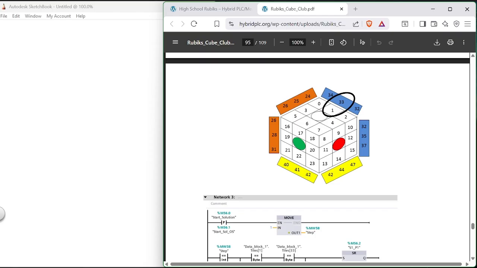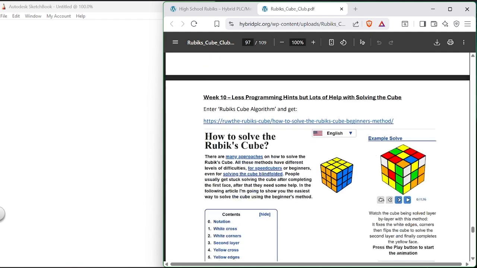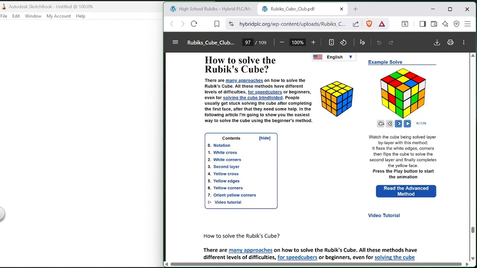The first part is to get the white green part into what we call the green plane, which is to move from someplace over here to this plane. Get it into the green plane. And then from there, move it to its final position. That's basically the steps. And the algorithmic guy that shows you how to solve this, down here, shows you how to get from the green plane to its final position.